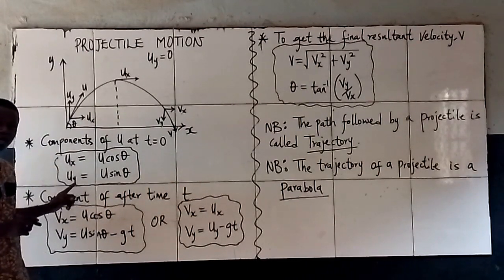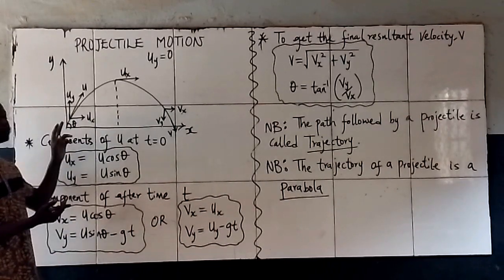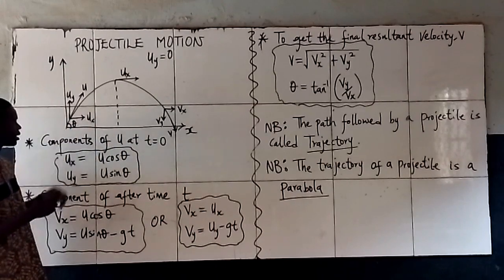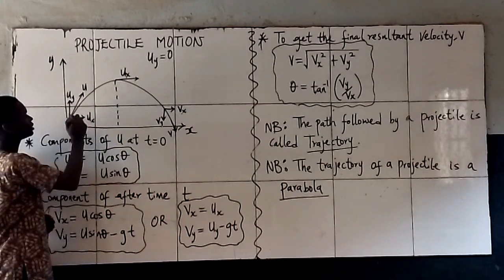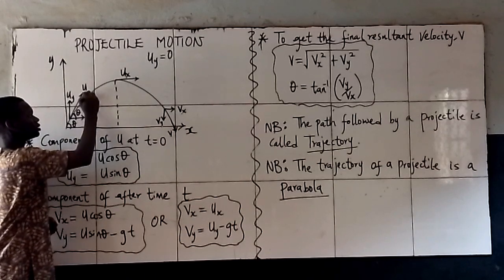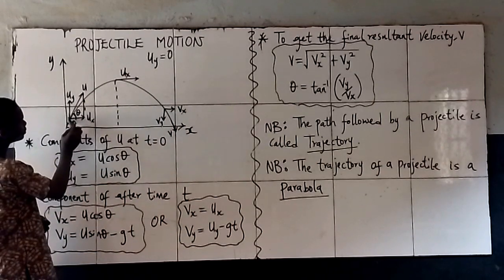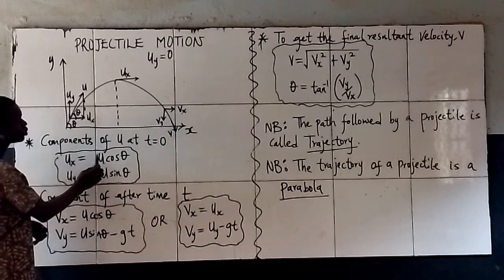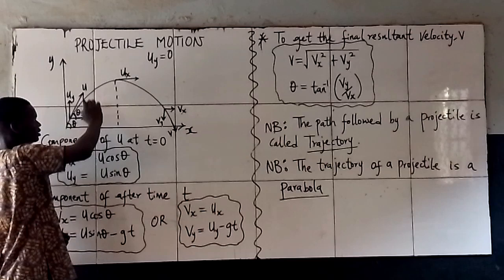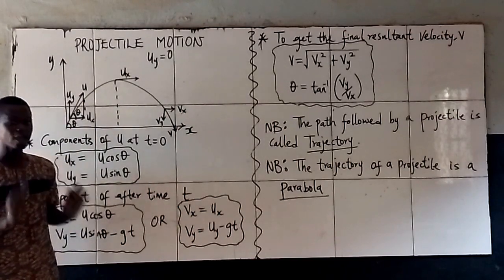You have the ux and the uy. Now, to get the ux, if you resolve this very velocity, considering this angle theta, you put the angle theta here, and then you close this right angle triangle. If you resolve this, ux, which is here, will become u cos theta, while uy, the one acting in this side, will become u sin theta. I hope that is clear.